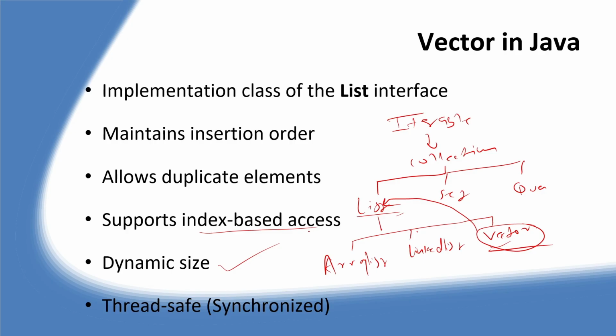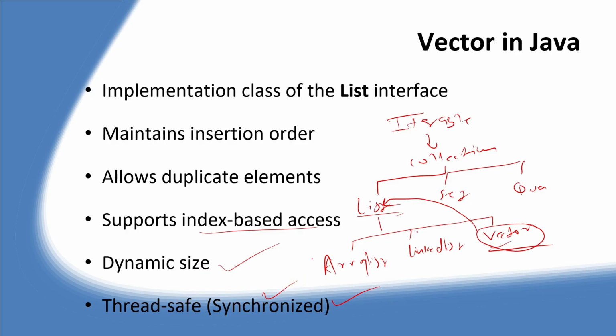The biggest difference between ArrayList and Vector is that Vector is synchronized, making it thread safe. What synchronized is, we will see.